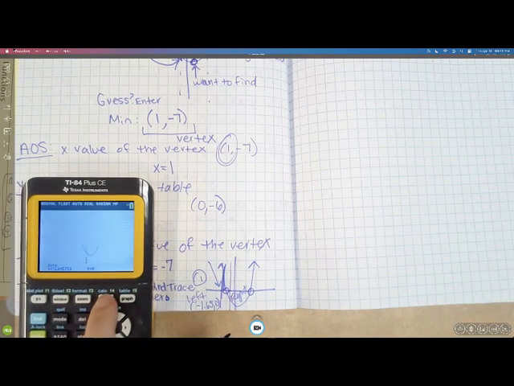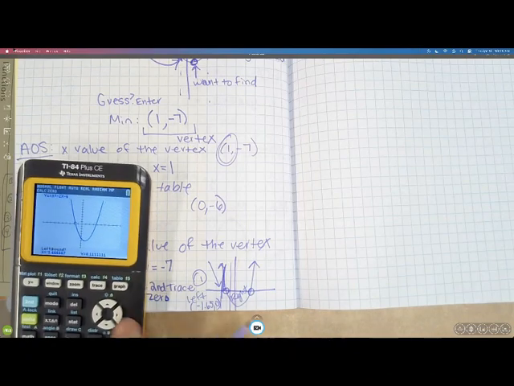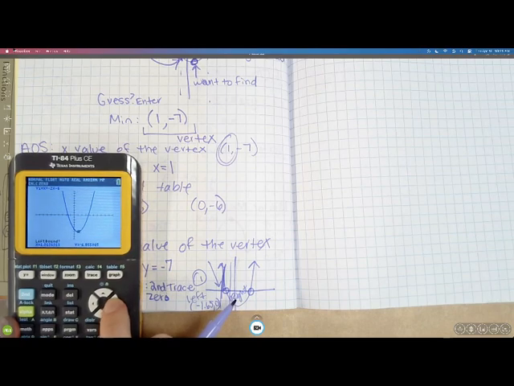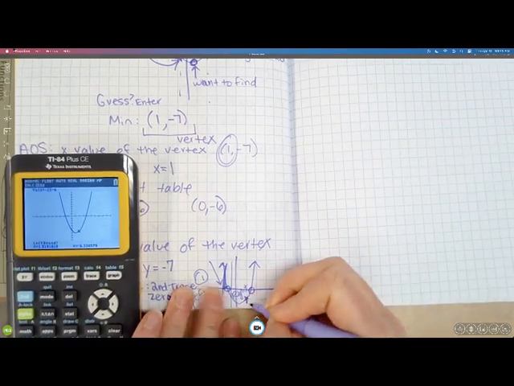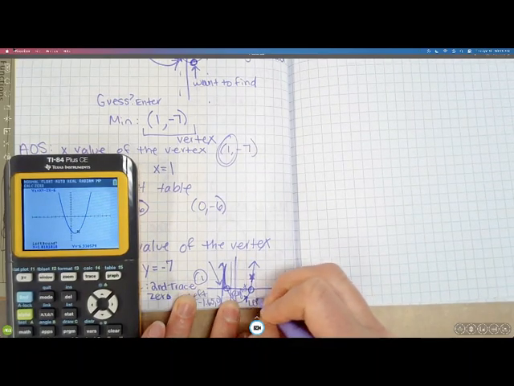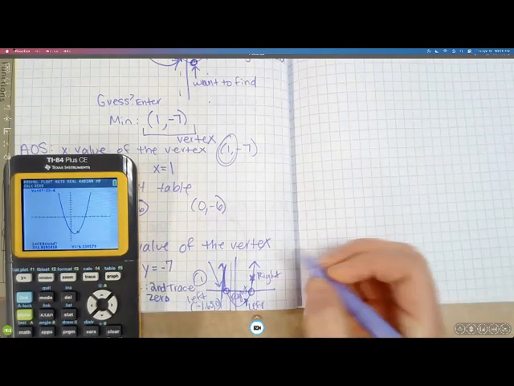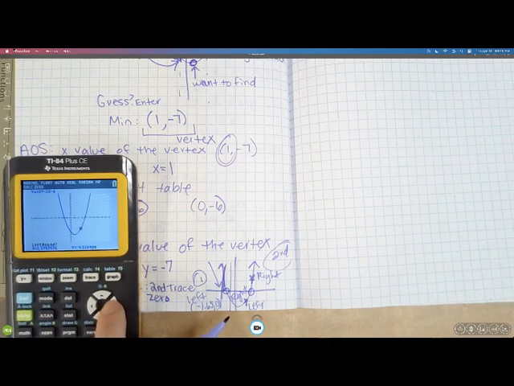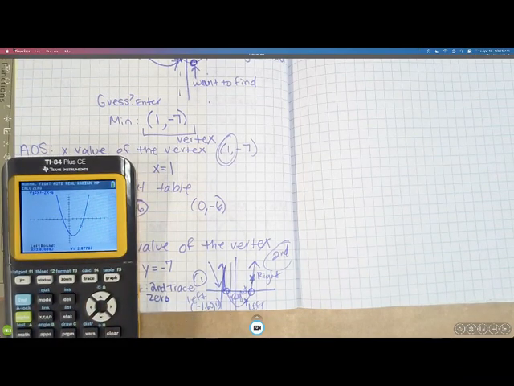So second, trace, 0. I need to arrow over, so I'm on the left side of the other one. So I know the other one's here. So I need to do the left side would actually be below, and the right side would actually be above. So that's to the left of the 0 of the x-axis.